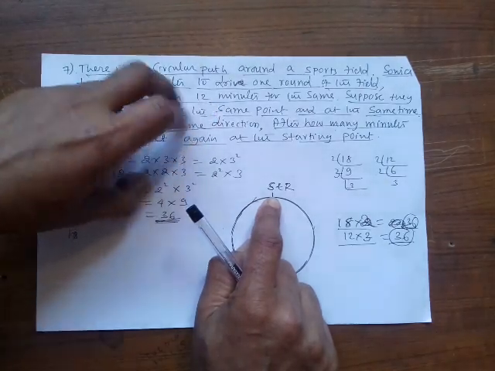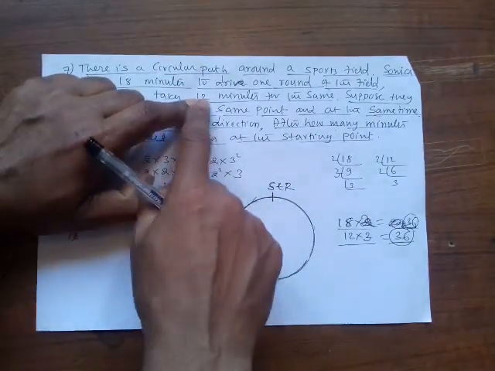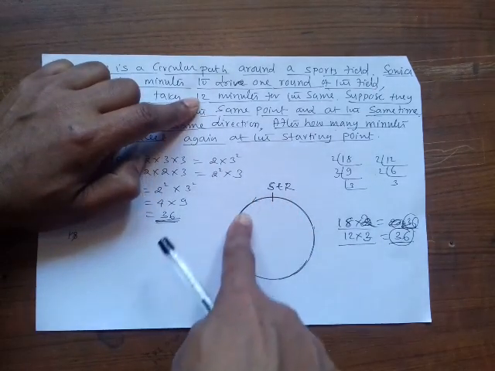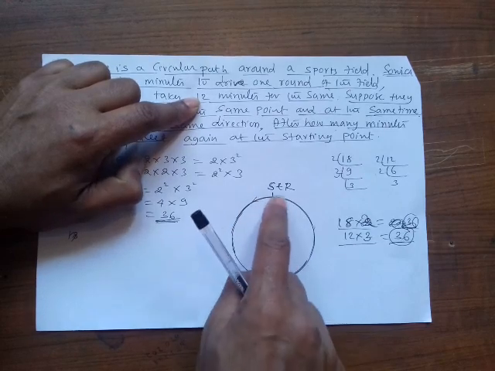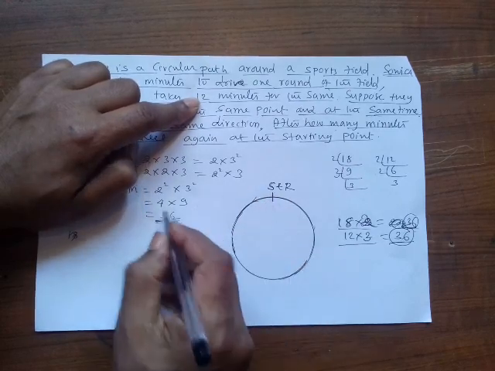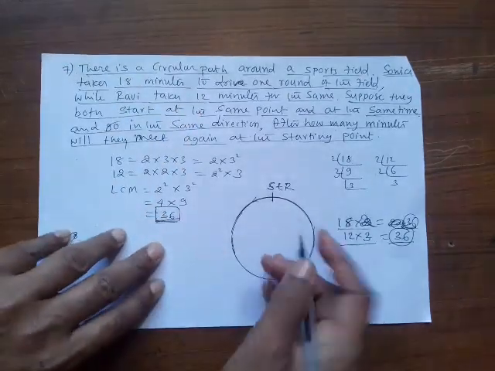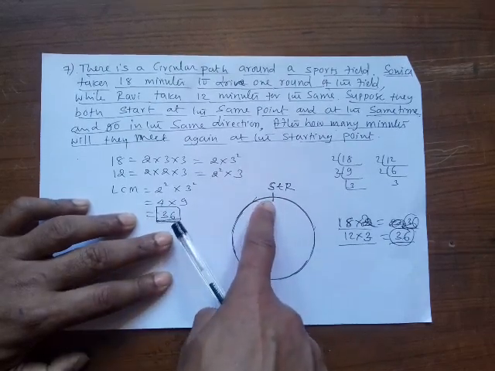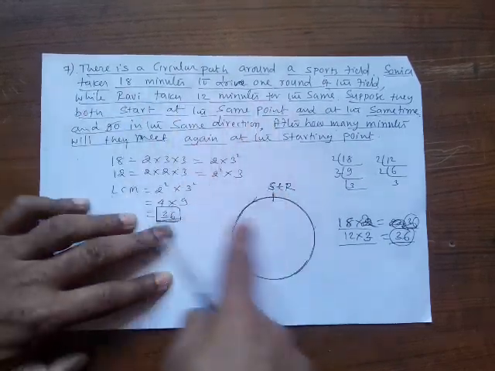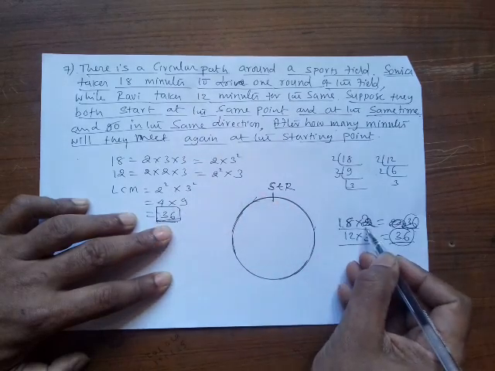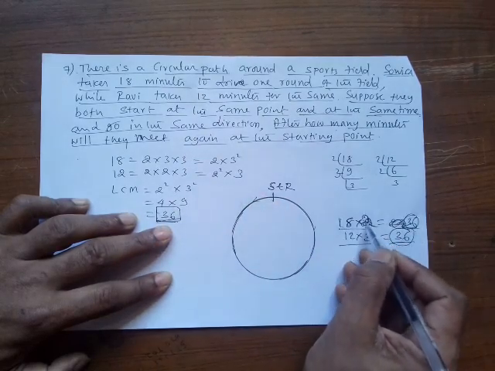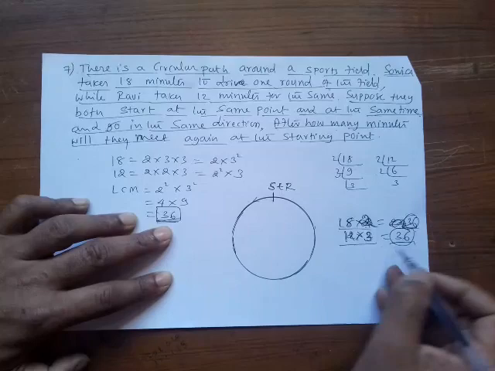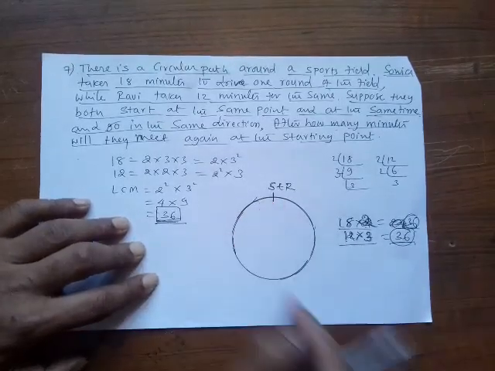Ravi completes the circular path every 12 minutes, so after completing 3 rounds, Ravi also will be at the starting point. So in 36 minutes, Sonia as well as Ravi meet again at the starting point. The only difference is Sonia completes 2 rounds, whereas Ravi completes 3 rounds. So after 36 minutes, they meet at the starting point.